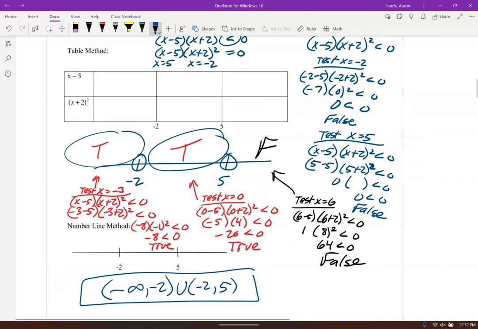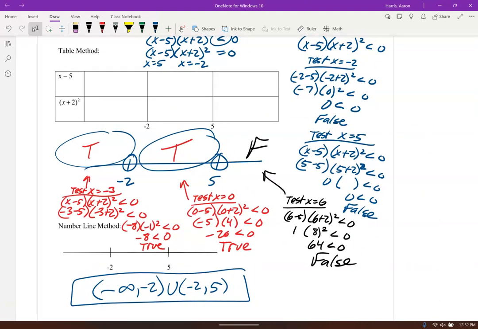Now I don't do the table method, but if you did, you're throwing in, it's saying pick something less than -2, like -3: -3 minus 5, and you get -3 plus 2 quantity squared, which would be a positive.